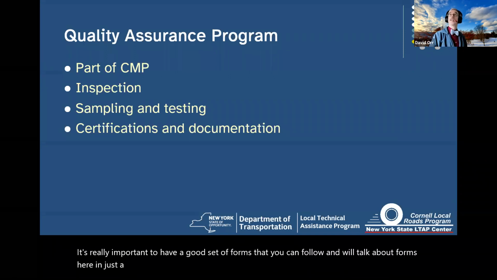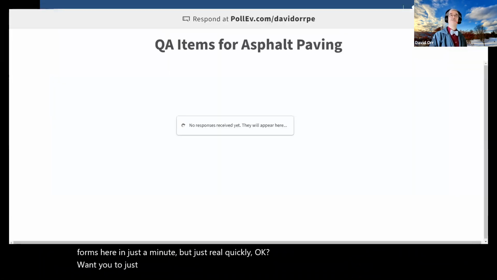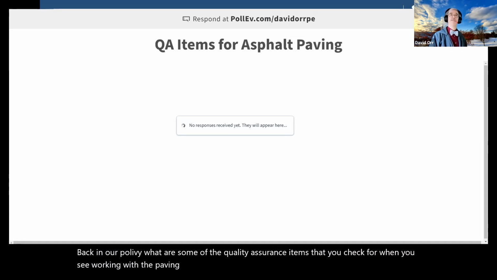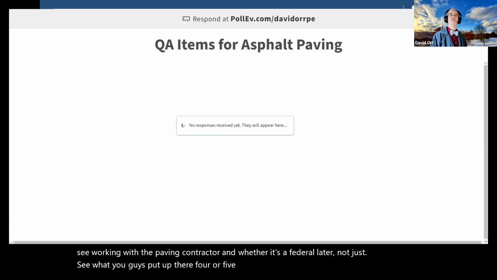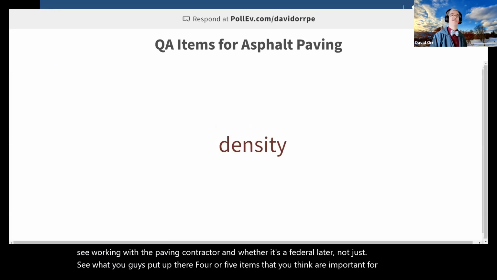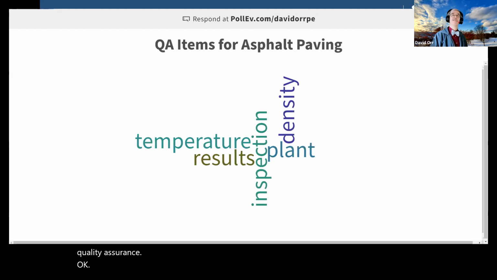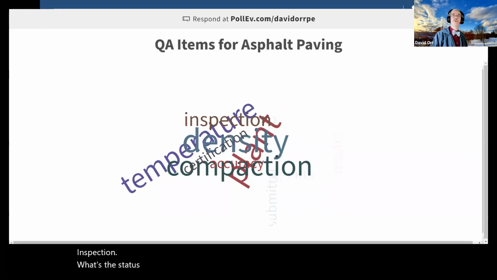But just real quickly, I want you to think about, for asphalt paving, back on our poll, what are some of the quality assurance items that you check for when you're working with a paving contractor, whether it's federal aid or not? Just see what you guys put up there. Four or five items that you think are important for QA, quality assurance. Density, okay. Temperature, inspection. What's the status at the plants? How good are the joints?